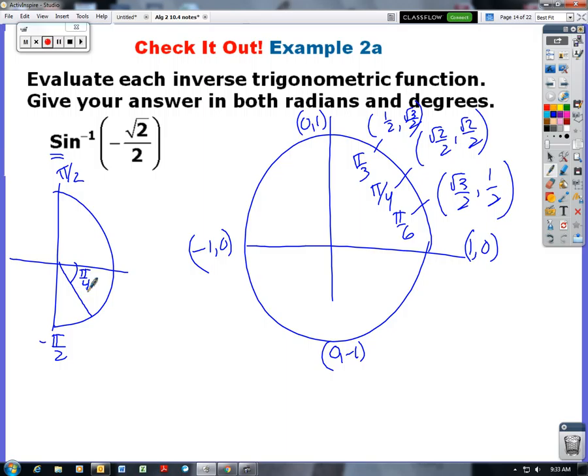We have to be very, very careful here. We are not going to give our answer as 7 pi over 4, because 7 pi over 4 is not between negative pi over 2 and pi over 2 on a number line.